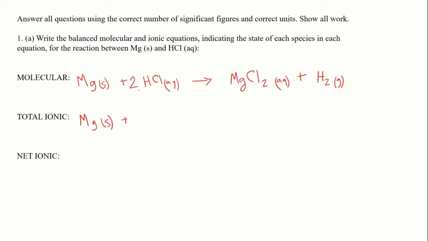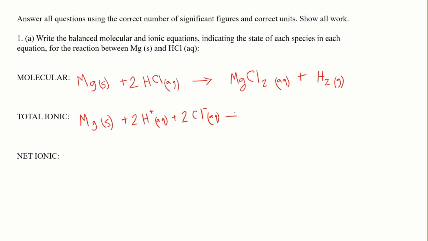HCl will break down into ions, will ionize. This exists in solution as H plus ions, hydrogen ions, plus chloride ions. And because there's a coefficient 2 in front of it, I need to indicate that in my total ionic equation. I'm done with the reactants.